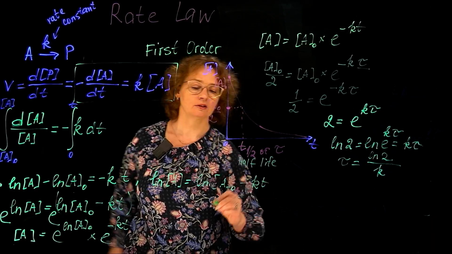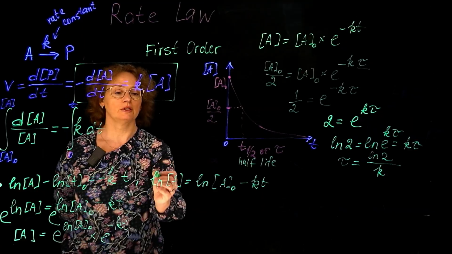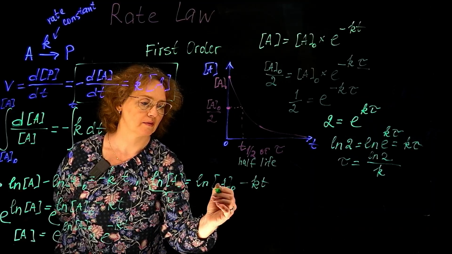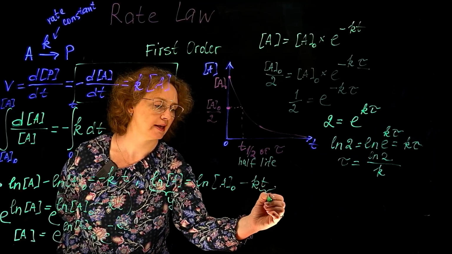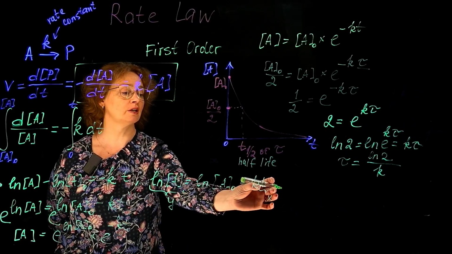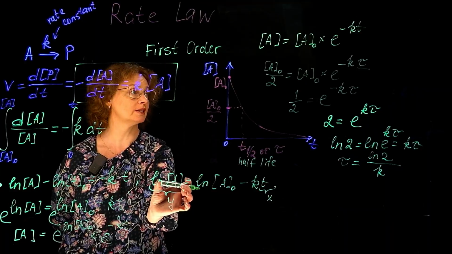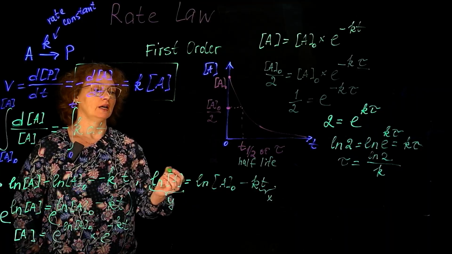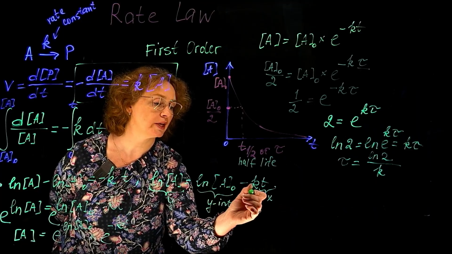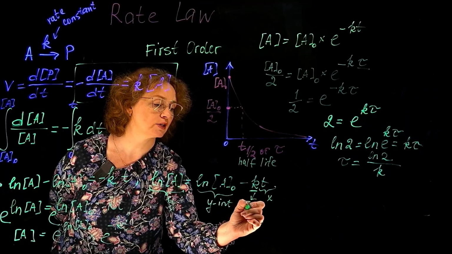So this is a linear equation. If this is our y, this is our x. Because we change time and we measure concentration at every time point, we can easily take the logarithm. So here we will have our y-intercept, but we are interested in k, and that's our slope.